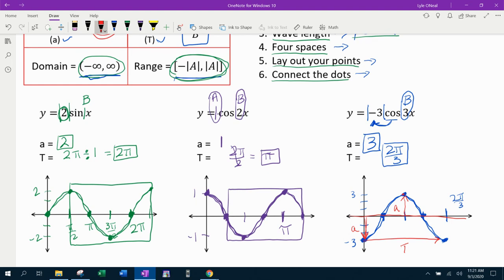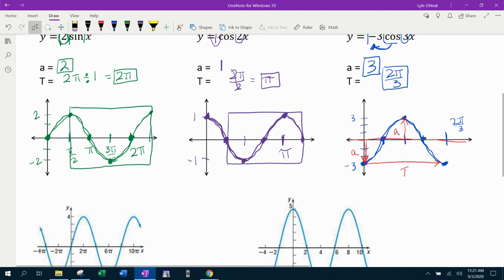All right, and I would go ahead and go through the domain, but the domain is the same for all of these. The domain is going to be all real numbers, remember, because the wave goes infinitely far in both directions. I guess we could do the range for each one of these if you want to. So for problem number 1, the range would be everything from -2 to 2.